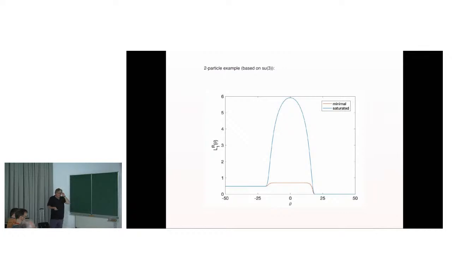Here's one example. I'm not even telling you what the spectrum and everything is. This is one example we looked at based on SU(3), which is actually a perturbation of the three-state Potts model. It turns out the infrared central charge is 4/5. I'm showing this because this is a plot of this L function, the log of 1 plus that, and you see how it forms a plateau here.